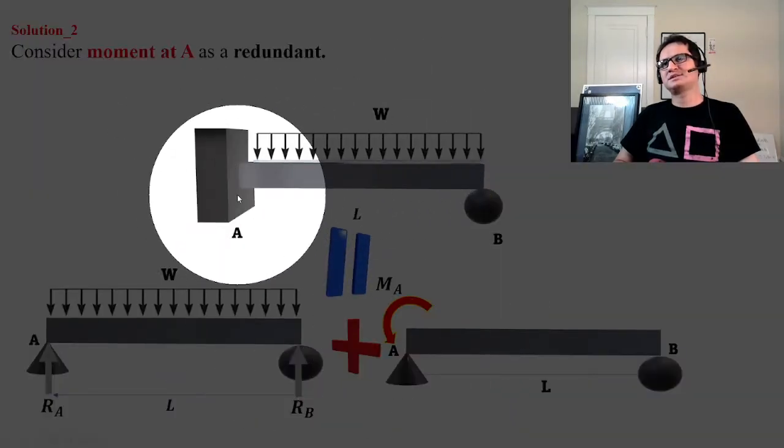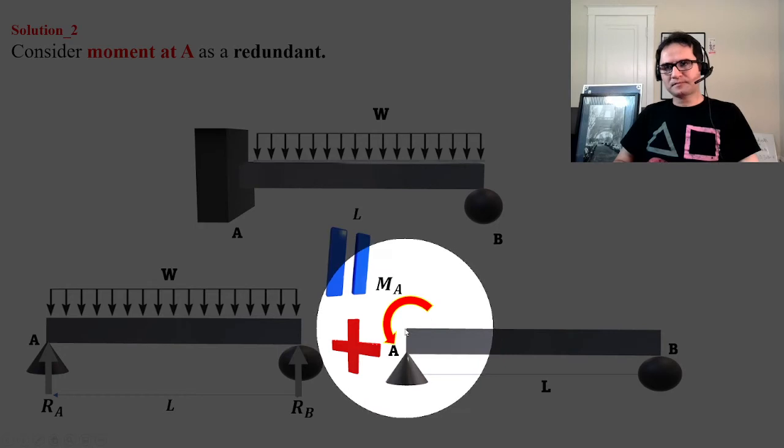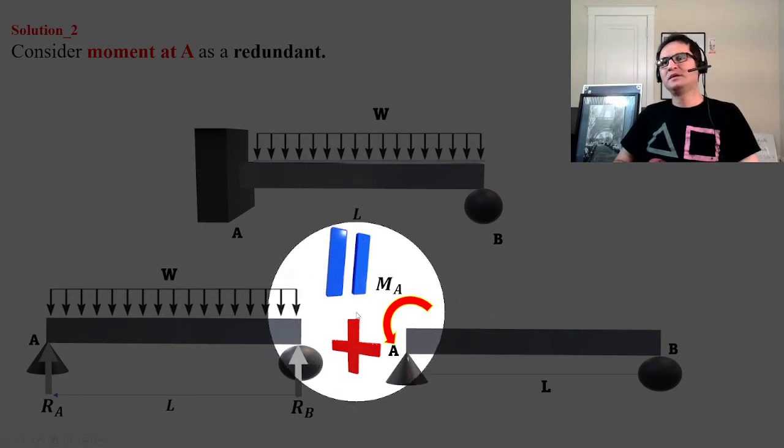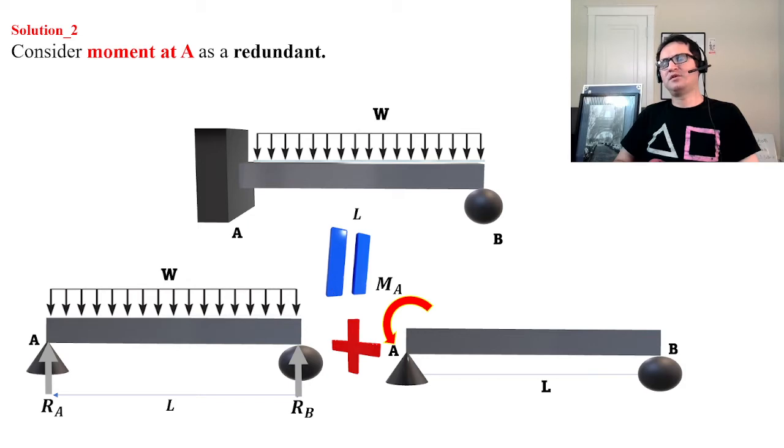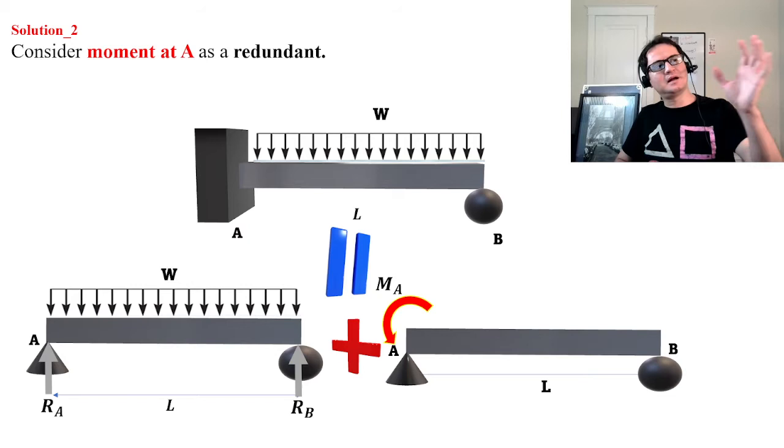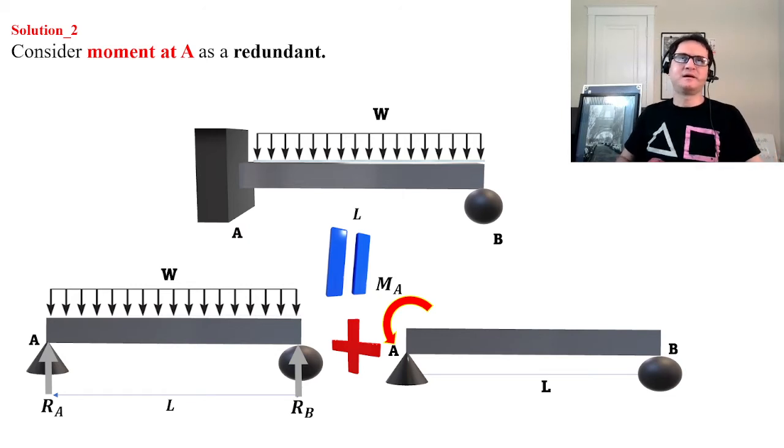So we just translate the fixed end moment by a concentrated moment and divide the beam, so that instead of the original beam, we have two simple support beams, which is far easier to analyze, and apply the effect of the fixed end moment on a two simple support beam here. So let's see how that goes. And that's also the effect of superposition.